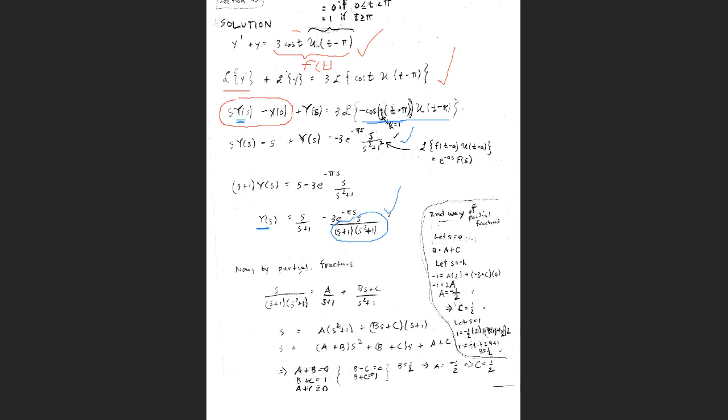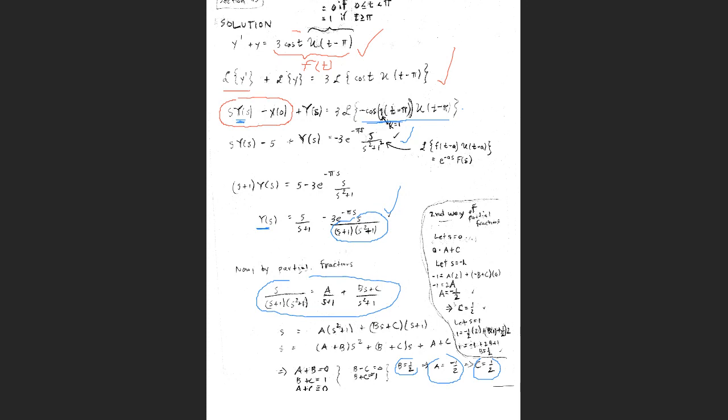And so we did a partial fraction expansion, and when we did that, we determined that A was equal to negative a half, B was equal to a half, and C was equal to 1/2.